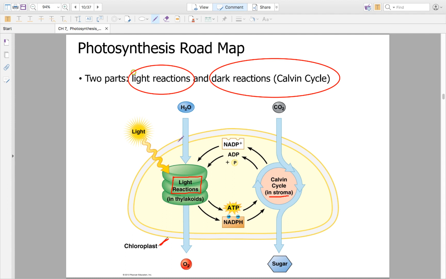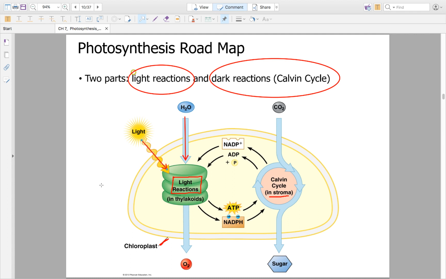Okay, so what do the light reactions require for them to occur? Okay, light reactions use two things. They use water and light. All right, now, is that everything in the formula? No, absolutely not.